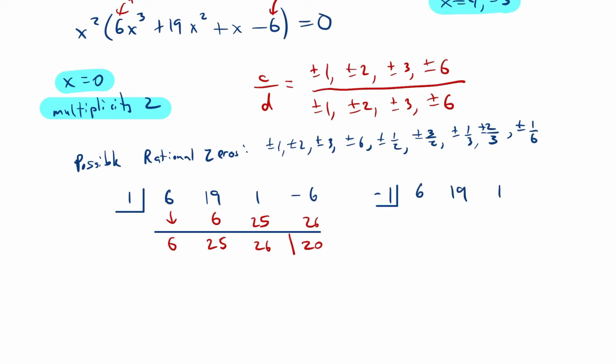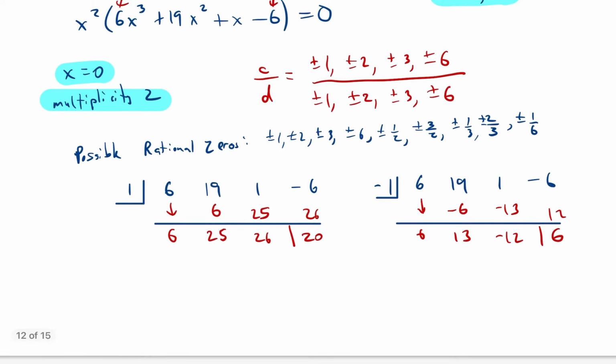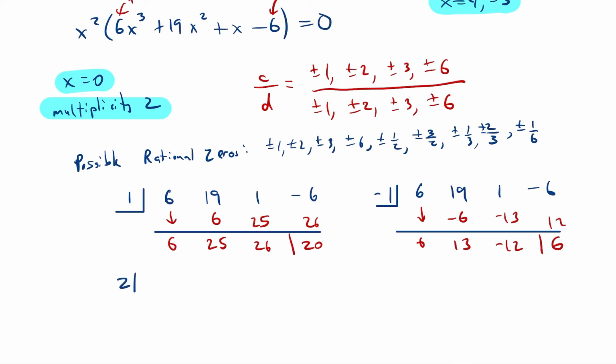So let's try -1. Okay, so 6, 19, 1, -6. Bring that down, multiply, add. You're going to get 13. Multiply, -13, add, -12, and that is 6.